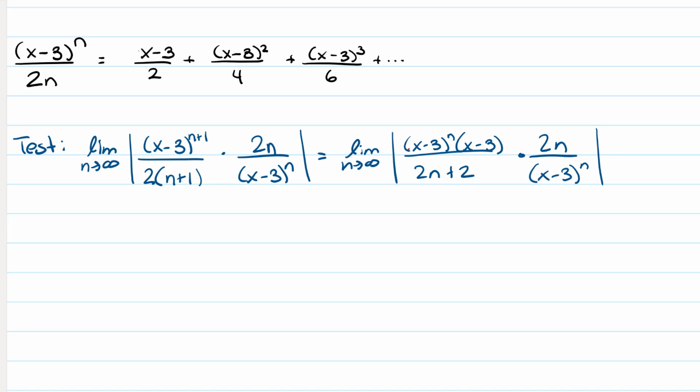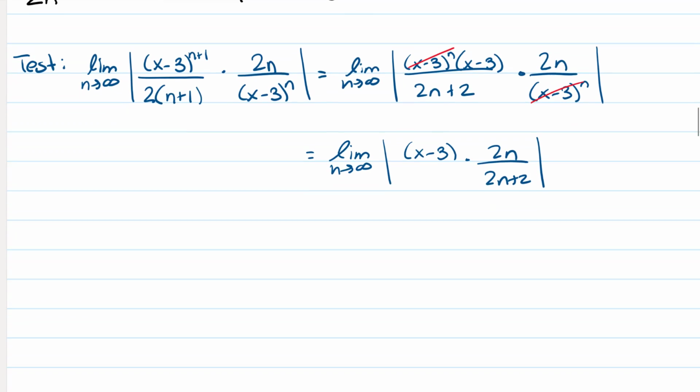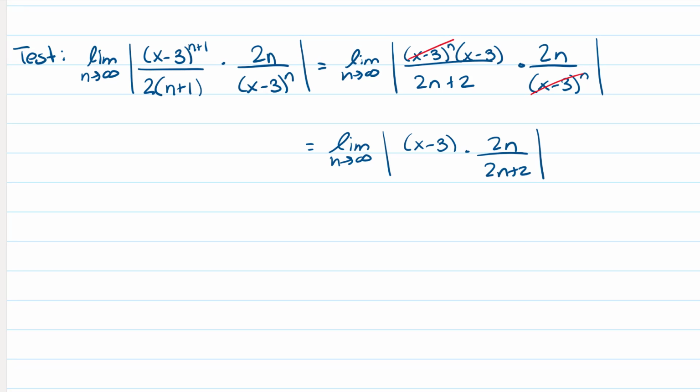So then my x minus 3 to the n's are going to cancel. And I get this is the limit as n goes to infinity of x minus 3 times 2n over 2n plus 2. So I can bring that x minus 3 out with absolute value bars, times the limit as n goes to infinity of 2n over 2n plus 2.